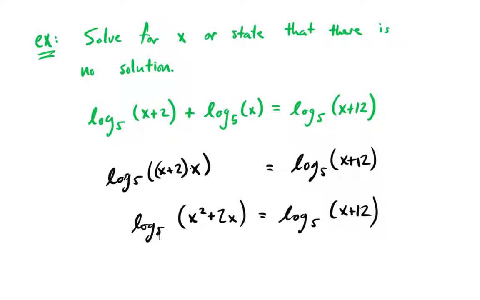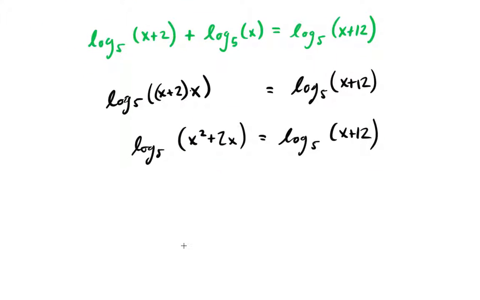And now, because both the left and the right side of this equation are log base 5, basically those cancel out. So I'm going to show you how that works, but in general, it's very important that you only have a single logarithm. Unlike here, you can't just cancel out all of these logarithms. You have to have a single logarithm on the left and a single logarithm on the right.